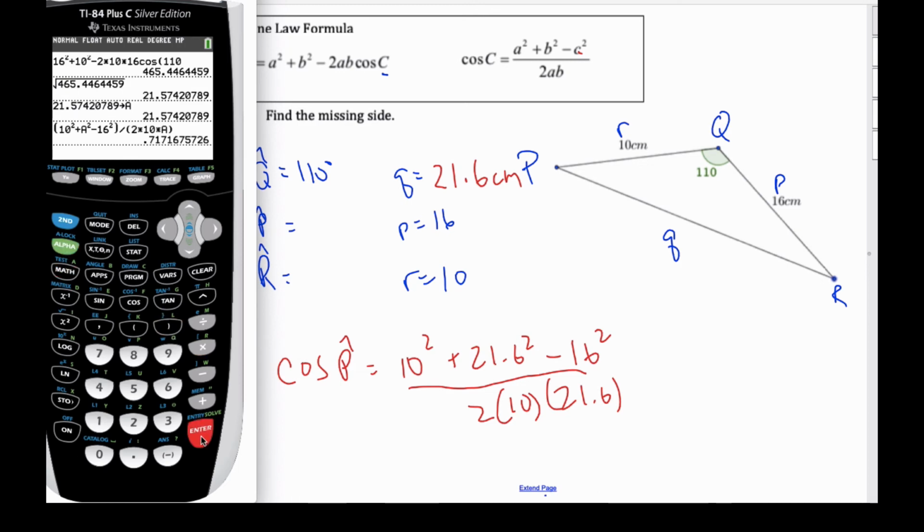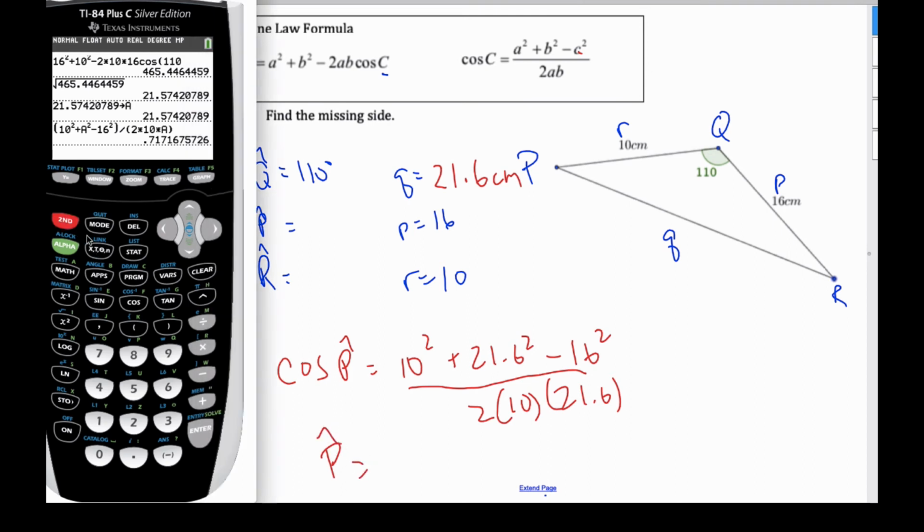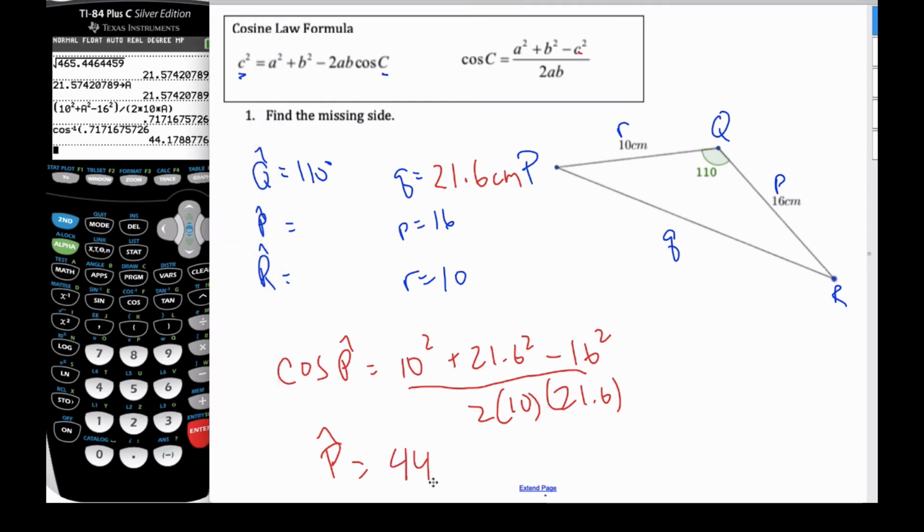And this is the cosine of P. To find the angle P is just going to be P equals the inverse cosine of this answer here, which is going to be 44.2 degrees.